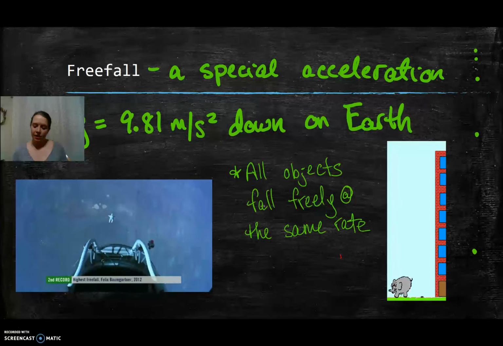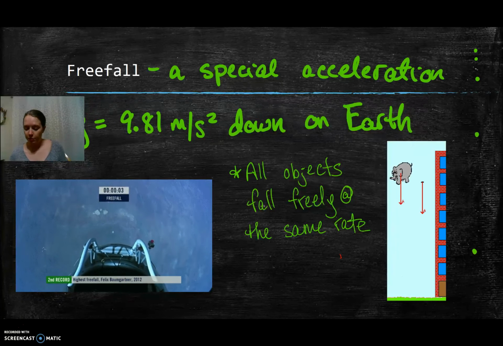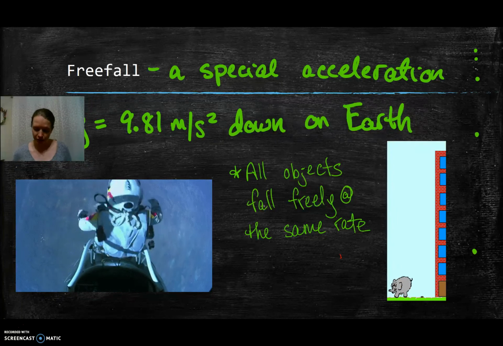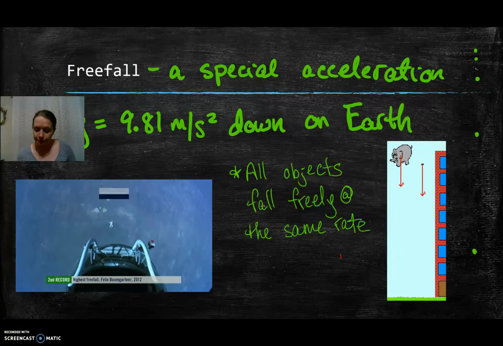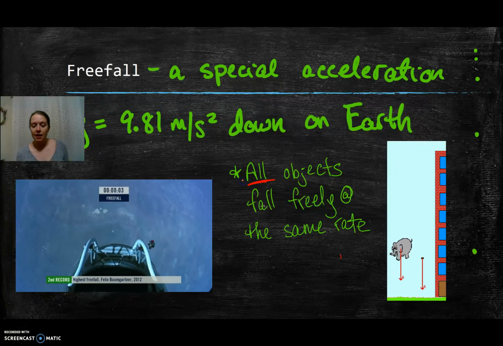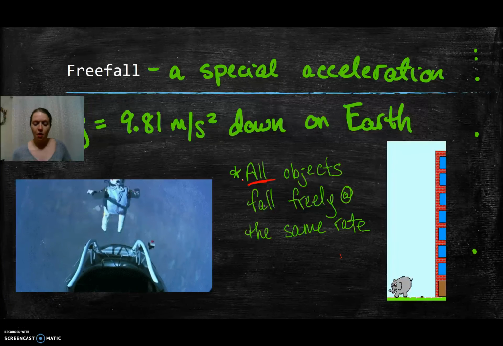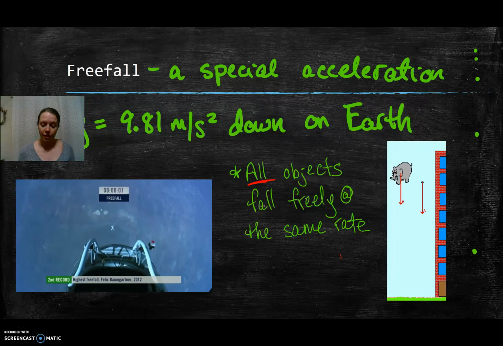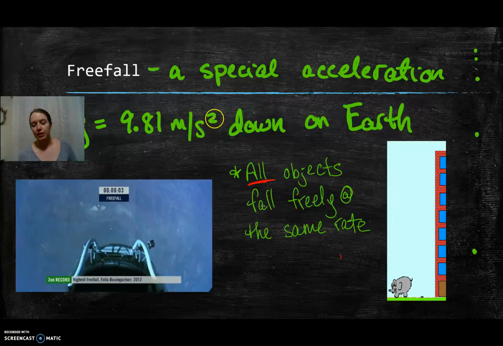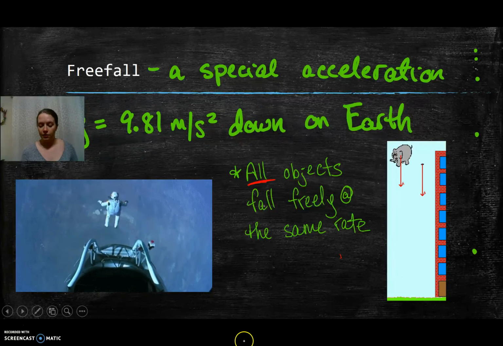But both of them are going to feel the same acceleration, and so if they're both dropped from the same height, they will both hit the ground at the same time. Every object, regardless of mass, regardless of initial velocity, will fall with an acceleration of 9.81 meters per second squared down on the surface of the Earth.